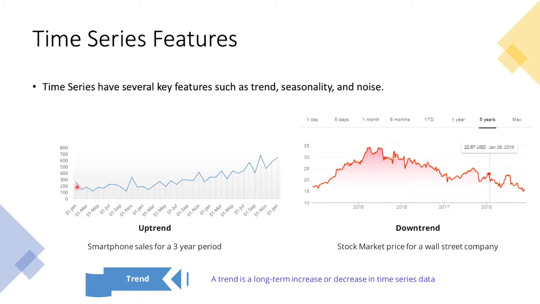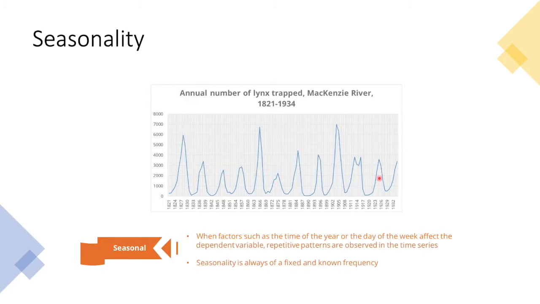As we can see, this time series data started from somewhere around 200 and ended up at 600. In the process, anything in between may be zigzagging, but generally speaking, this time series is trending upward. It's increasing as time increases. So this is an uptrend, and it's a similar thing for the downtrend.